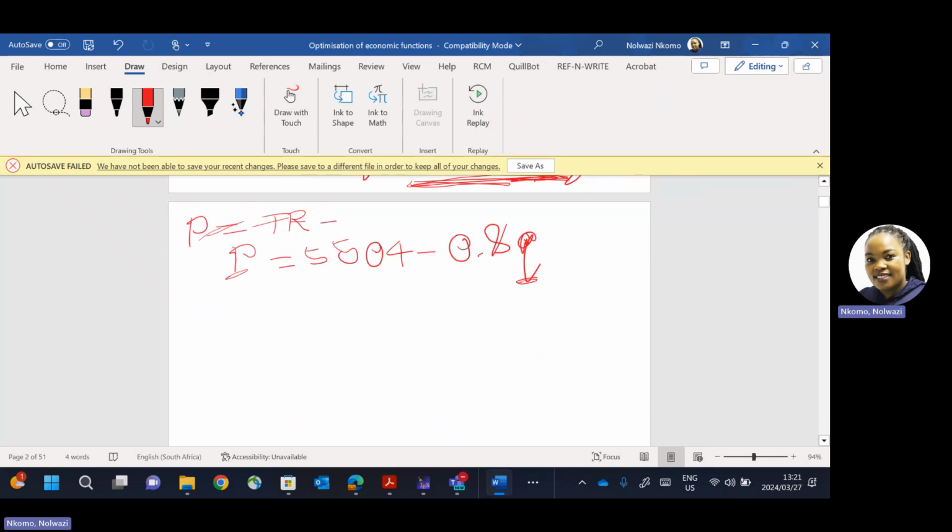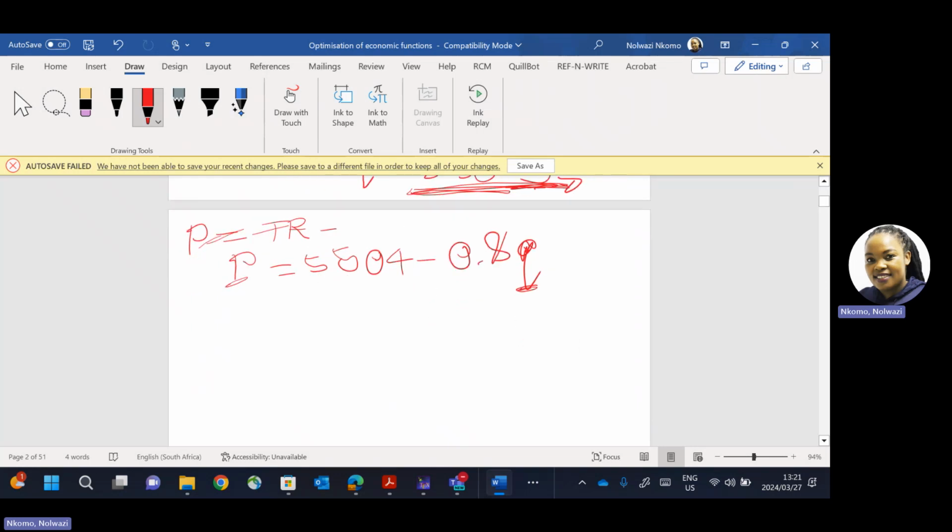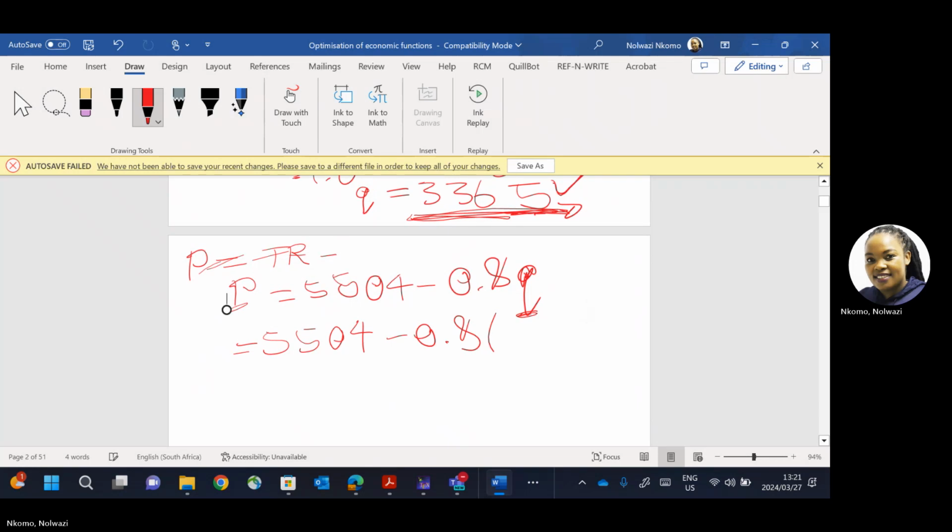So the next step, I'll just take this and substitute back here. If I do that, I will have 5504 minus 0.8 times 3365, right? And if you punch this in your calculator, you should obtain 2812.